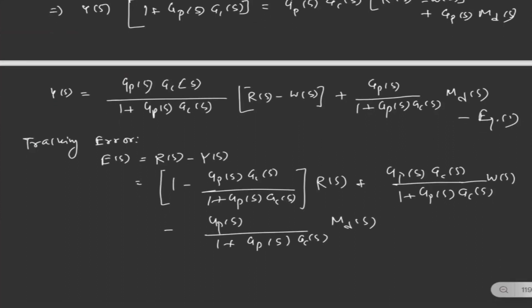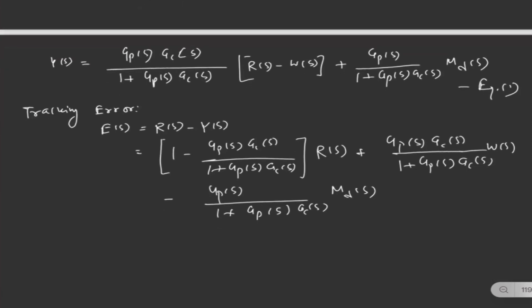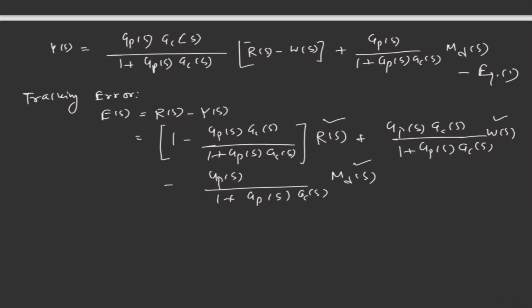So this is how we can write the overall error in the system with respect to the reference signal, noise WS, and disturbance MDS.